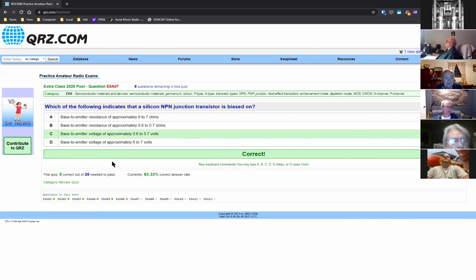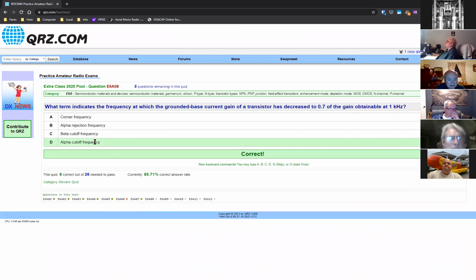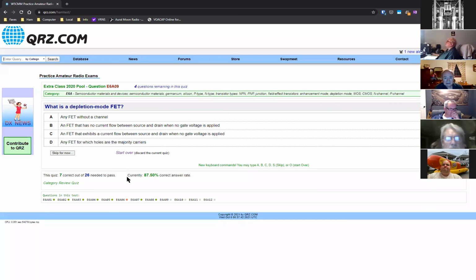C. What term indicates the frequency at which the grounded base current gain of a transistor has decreased to 0.7 of the gain obtainable at 1 kilohertz? Okay, that's going to be the alpha cutoff frequency. What is a depletion mode FET?